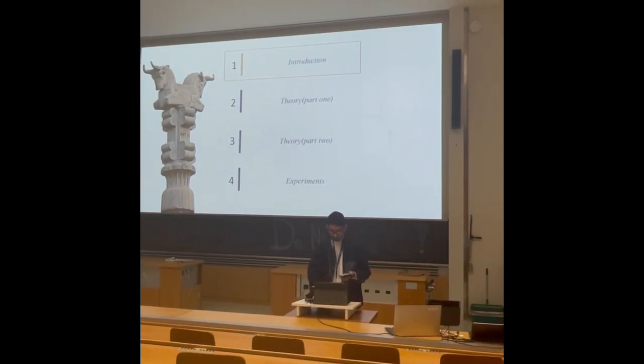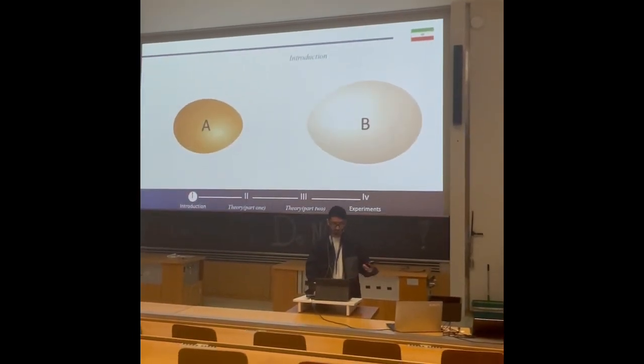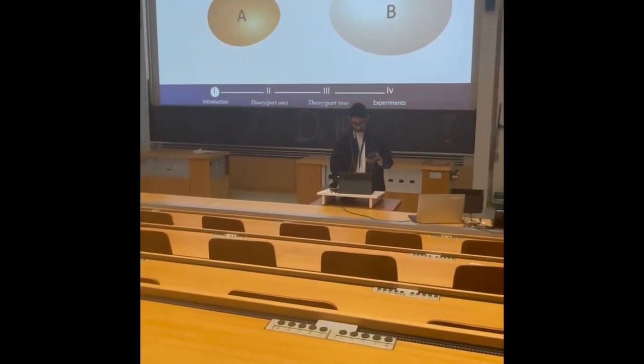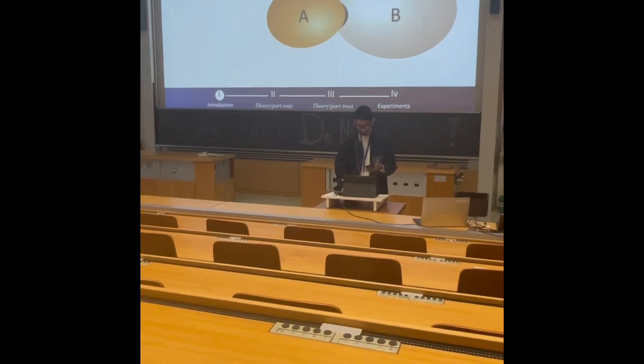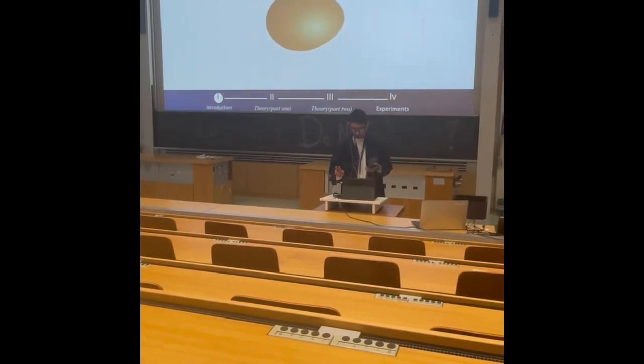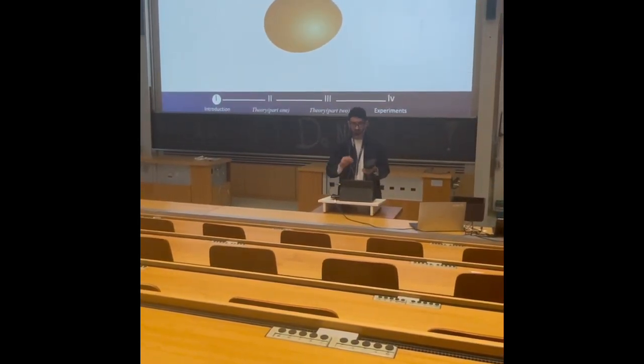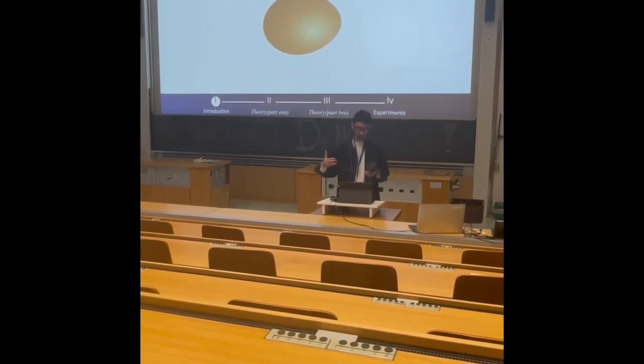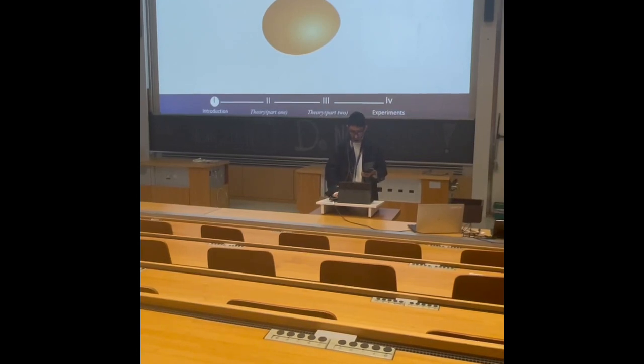Okay, we have egg A and egg B. A clashes with B and B cracks. We have two parts. Part 1 is eggshells, and part 2 is about the inside of the egg.